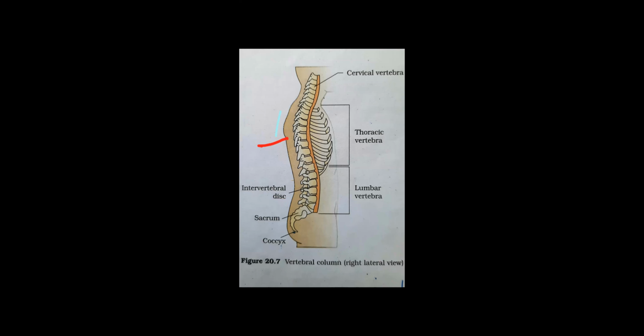This elongated structure is made up of 26 bones, or you may call it 33 vertebrae. Its individual units are known as vertebrae. Individual vertebrum, plural vertebrae.